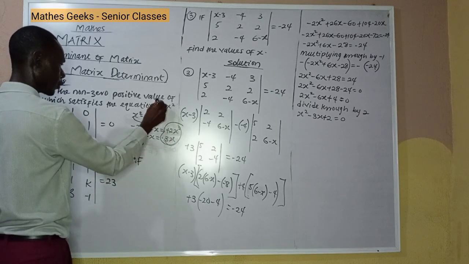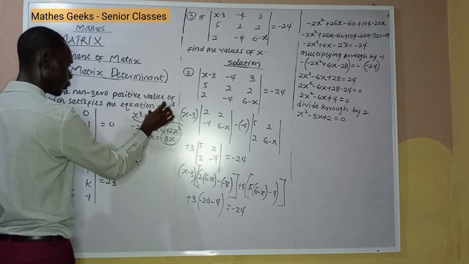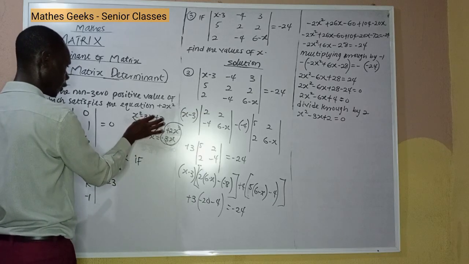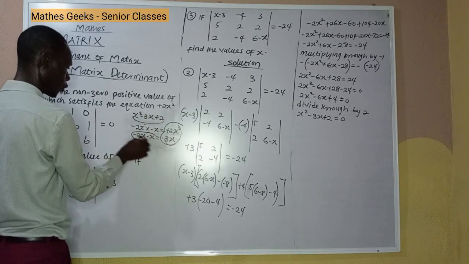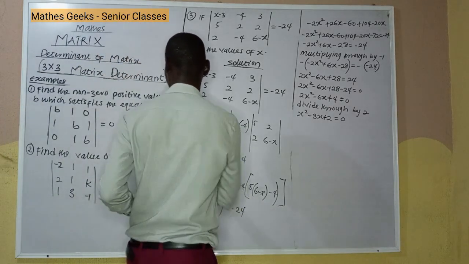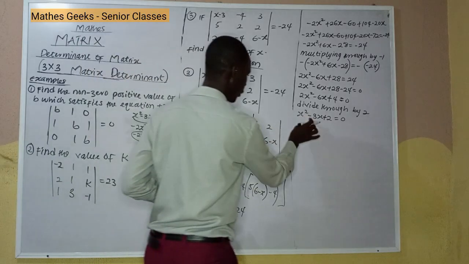Plus 2x squared is the product, and minus 3x is the sum, which is what we have here. So these two factors will give us this, which satisfies the product expression. So we'll put all of these in place of minus 3x in this equation.